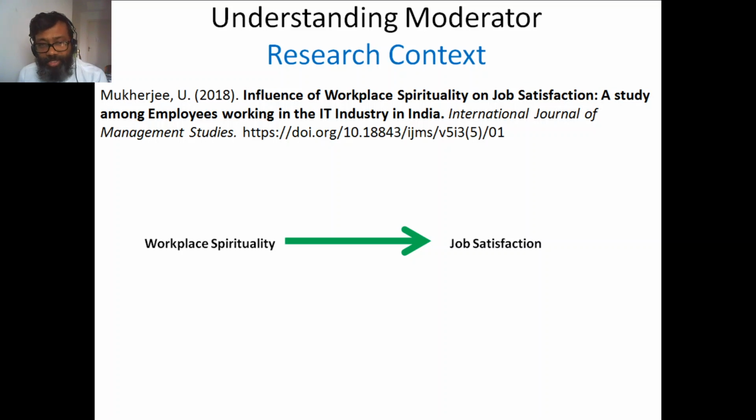Workplace spirituality is the independent variable, job satisfaction is the dependent variable. Which is the moderator? The gender is the moderator, male or female. So how will it look? The diagram looks like this, right? This is called the conceptual diagram of this title or the objective of the study. So this is how it is diagrammatically represented.